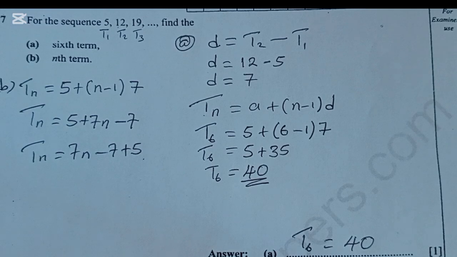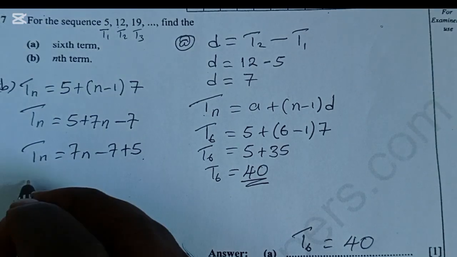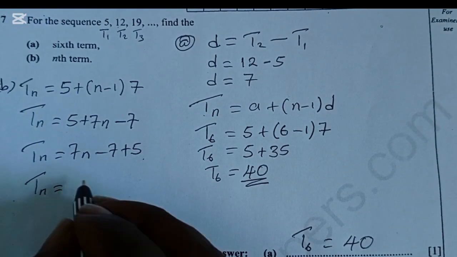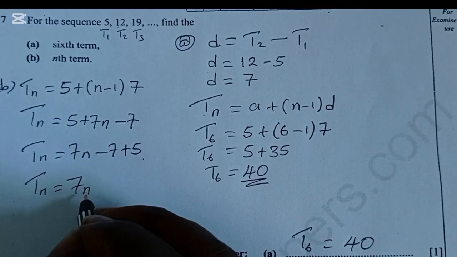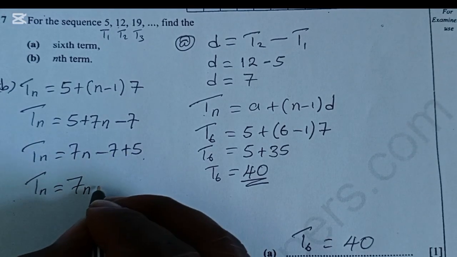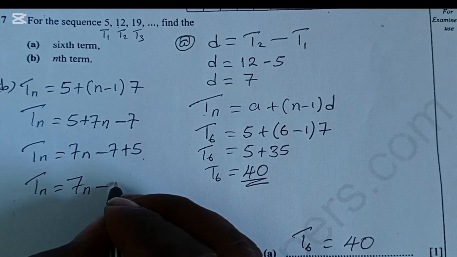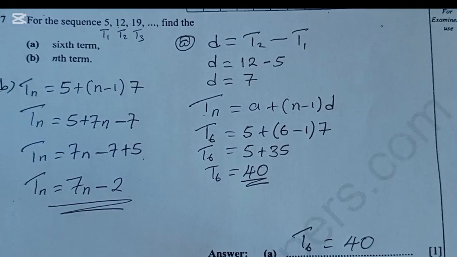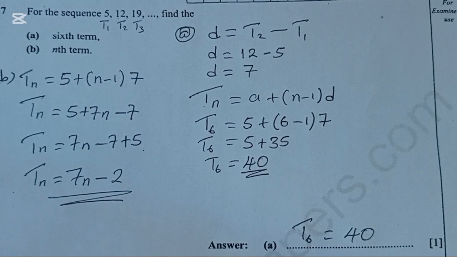I've collected the like terms. So nth term is equal to 7n minus 7 plus 5, that is negative 2. So this is the nth term. Let me verify if this is my true answer.